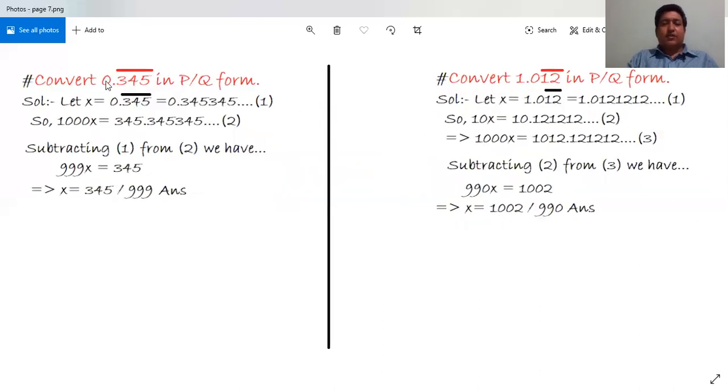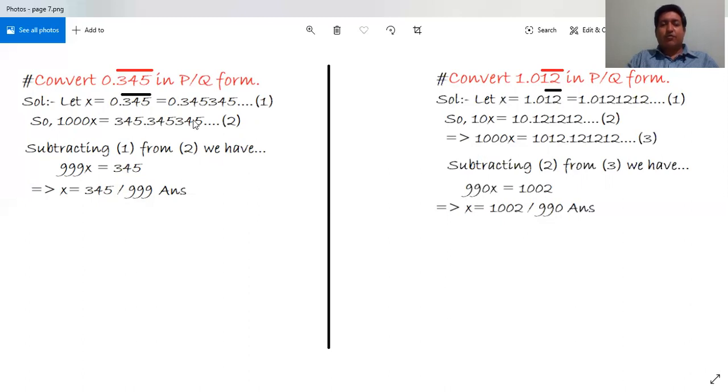We have to convert this 0.345 repeating into p by q form. So again, you have to take this as x. So x is equal to 0.345345, and so on. Take it as equation 1. Here we have to multiply x by 1000, so that we get 345.345345.